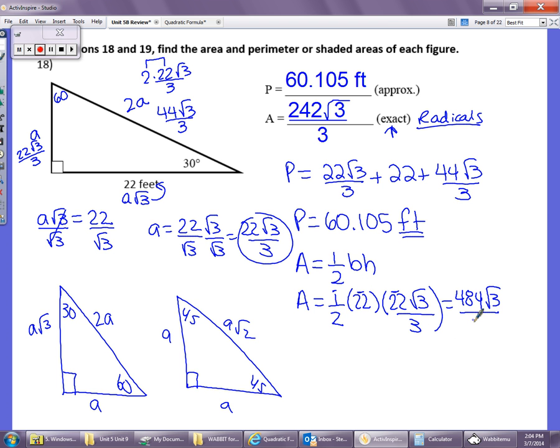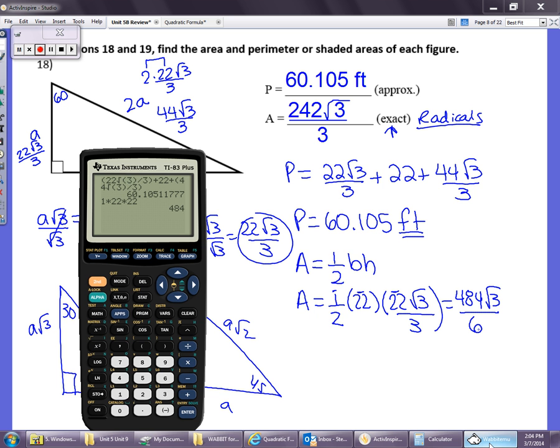Now multiply your denominators, which will give you 6. Clearly, that is not reduced. So in your calculator, you do 484 divided by 6. You know that they both can be divided by 2. So to reduce a fraction in your calculator, you just press math, and then you press enter, and then you press enter again, and it'll reduce it to 242 over 3.